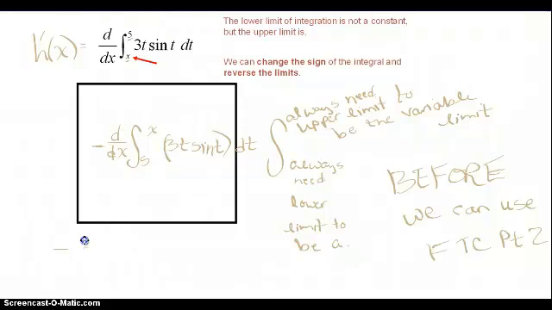It is the derivative of the outside, not changing the inside, times the derivative of what's inside. We normally don't write times 1, but there it is. So the derivative, h prime of x, is negative 3x times the sine of x.